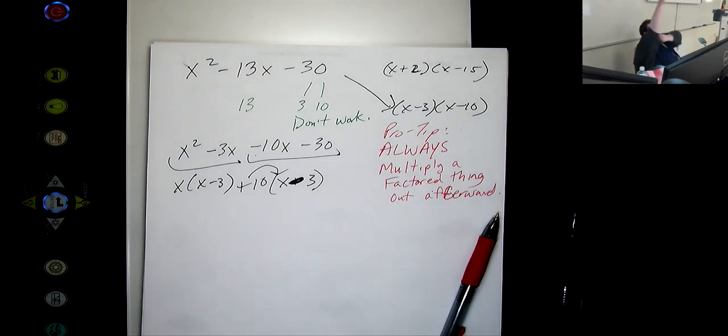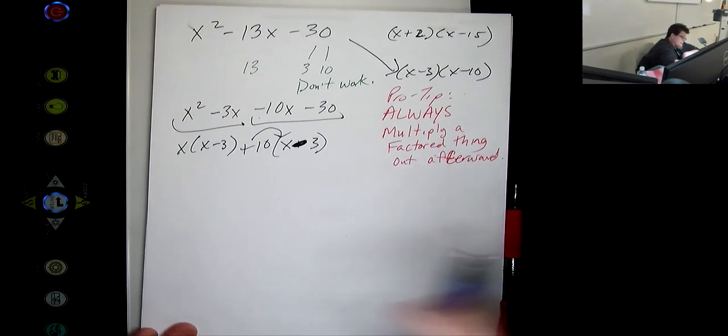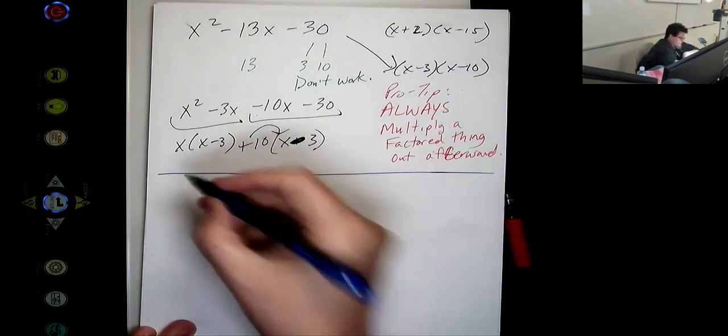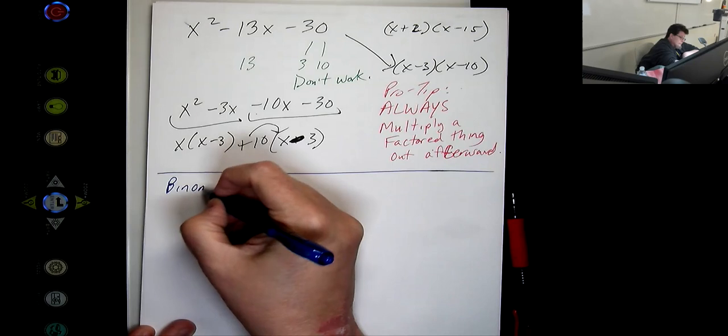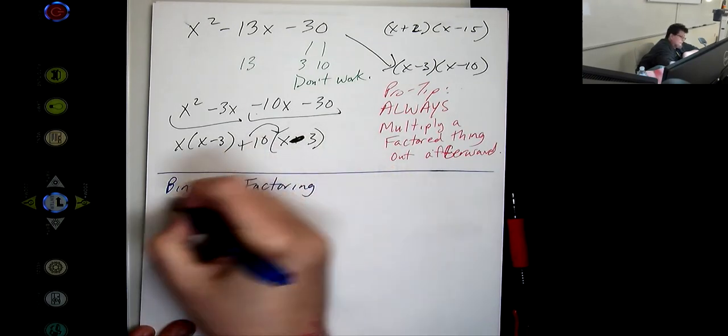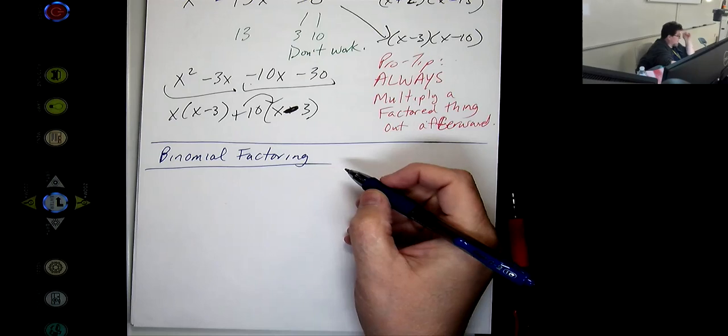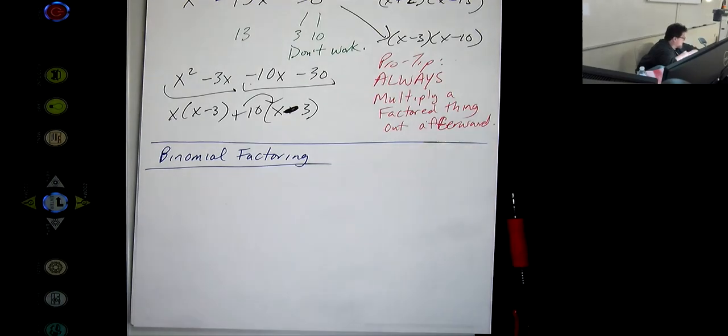All right, so we did polynomials with 4 terms. We've done trinomials. Let's take a look at some binomials. There's only 3 we really have formulas for.